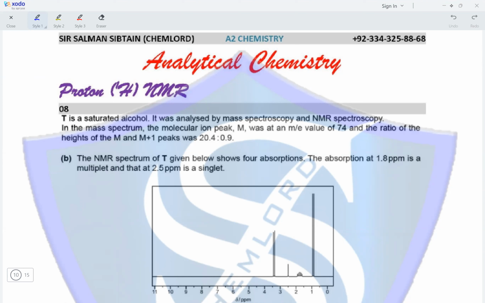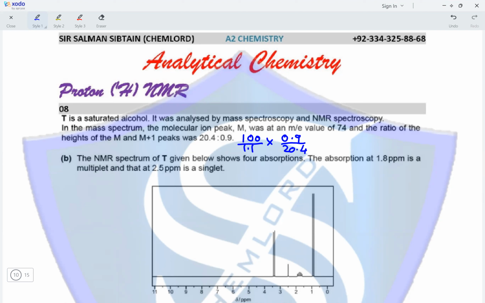So the Mr of this compound is 74, and the number of carbon atoms present is given by 100 upon 1.1 into 0.9 upon 20.4.